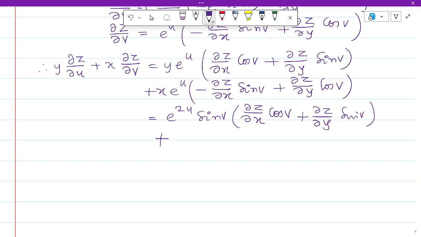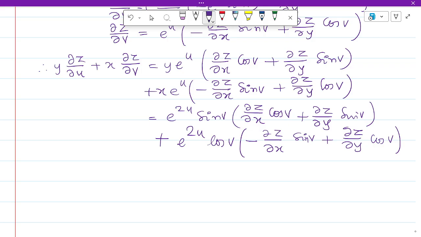x is e^u cos v. So e^2u cos v minus ∂z/∂x sin v plus ∂z/∂y cos v.